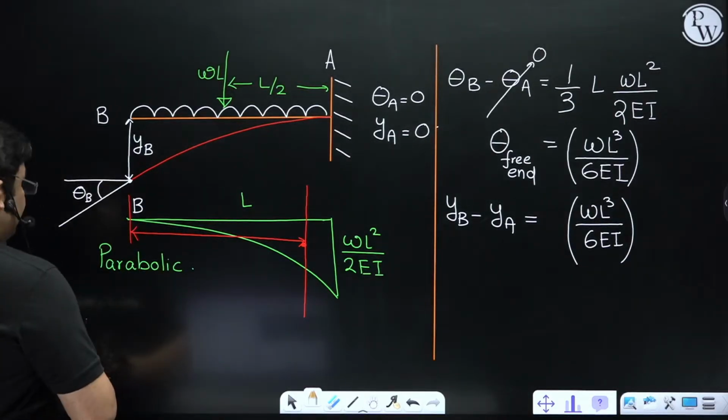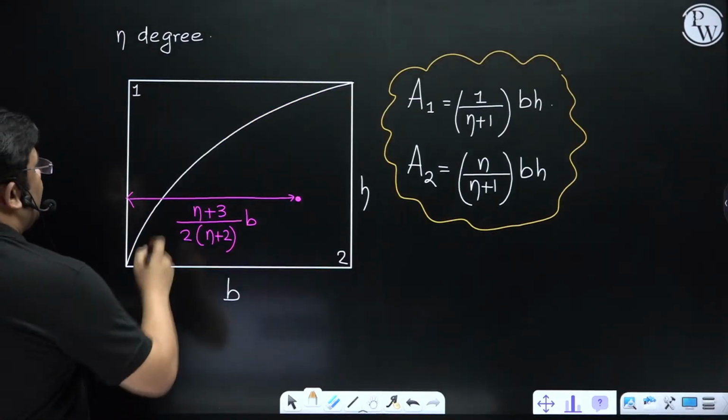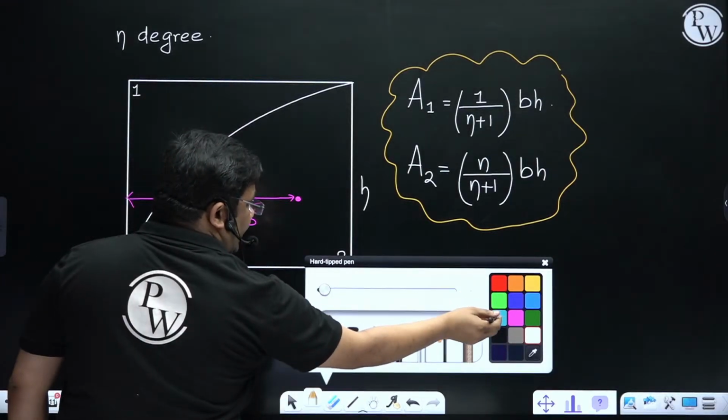Now how to find this centroid? I will tell you. Coming back to this diagram, if you see this first area, the centroid is suppose somewhere here.